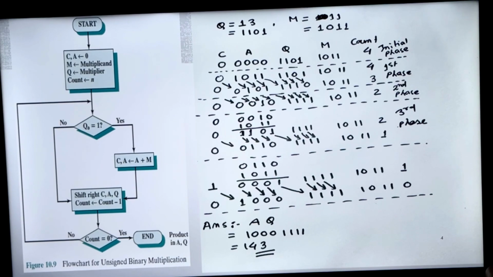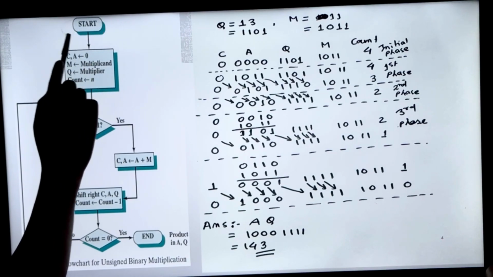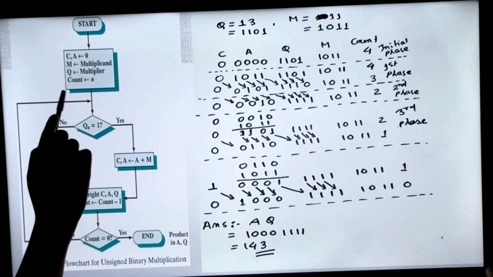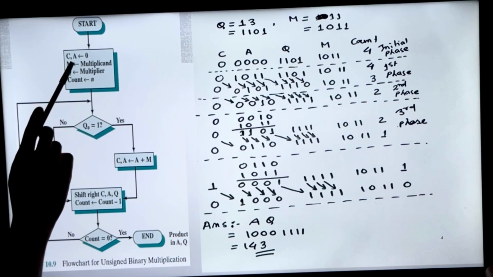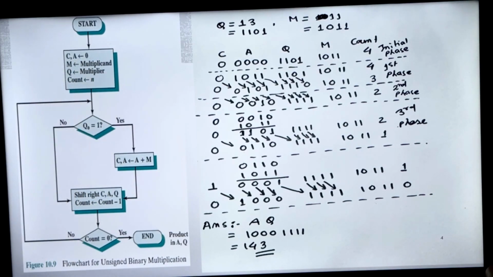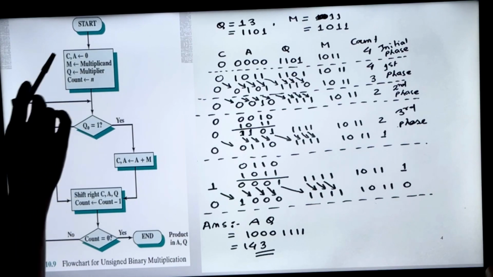We have this algorithm in front of us, and we will follow it exactly. Please pay attention. We start the algorithm here. Immediately we have an initialization box. In the initialization box we have CA equals 0.